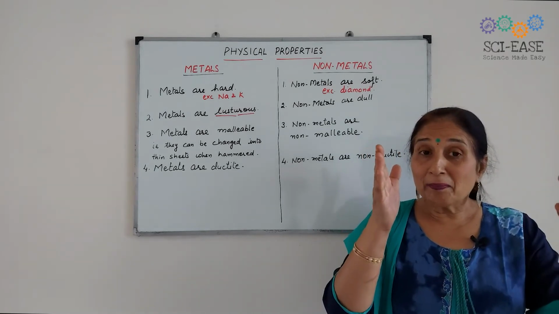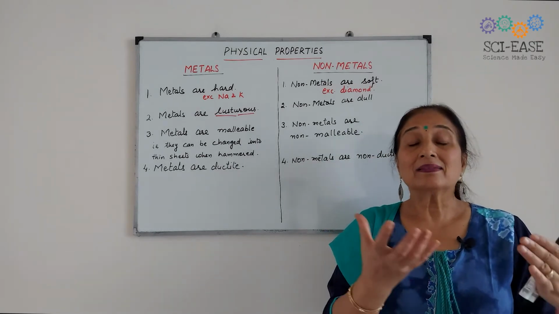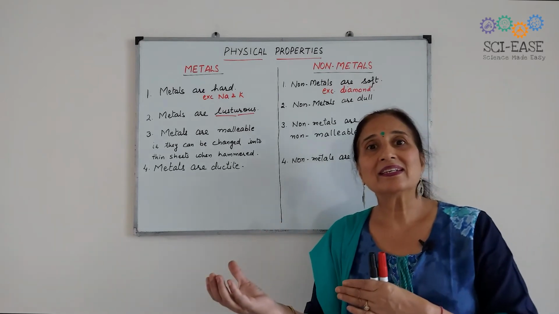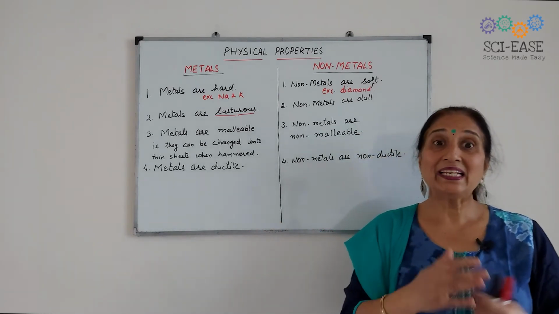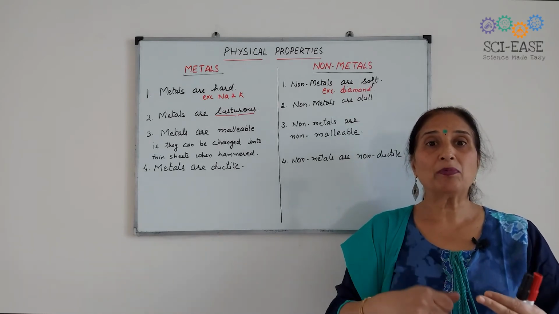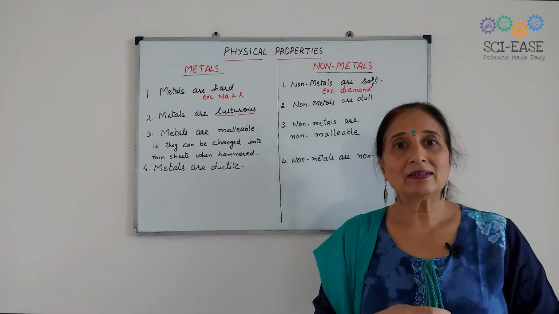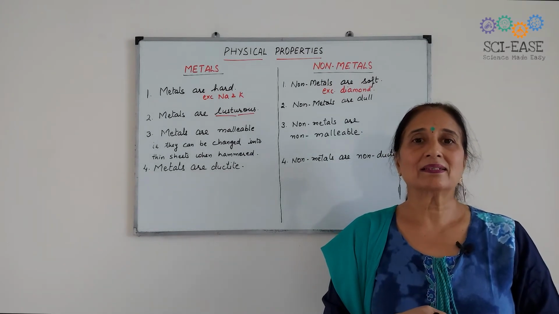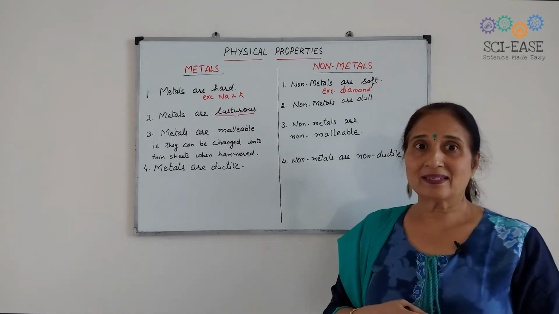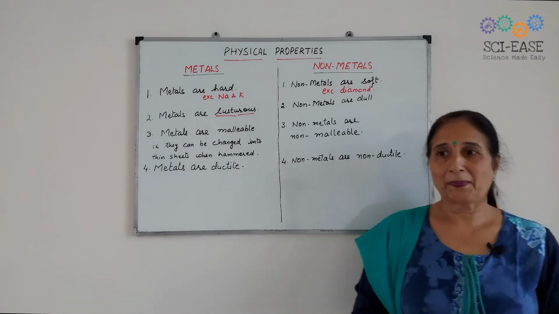Because the cooker or any utensil, any pan made up of metal, conducts heat. But if the handle is made up of ebonite or wood or plastic, they can't conduct the heat. So, metals are good conductors of heat.